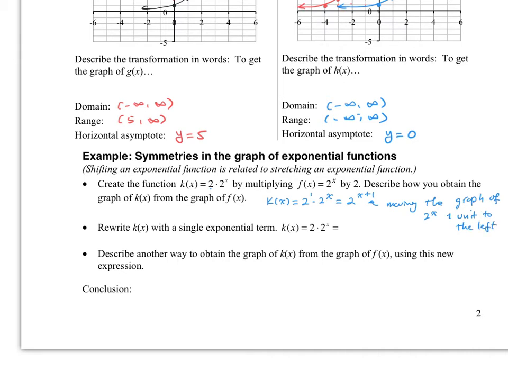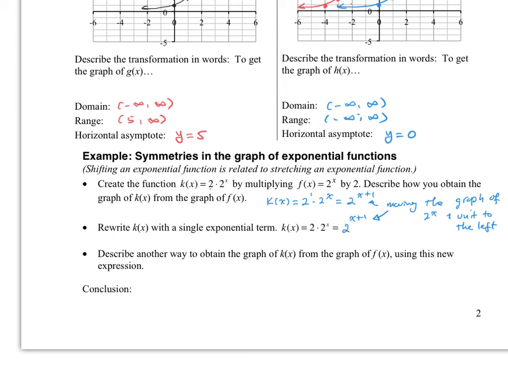Okay, so it doesn't stretch the graph, it's just shifting it to the left or to the right. So rewrite a single exponential term. Well, this will be 2 to the x plus 1, which is what I just did there. And describe a new way: instead of stretching, you're just shifting to the left.